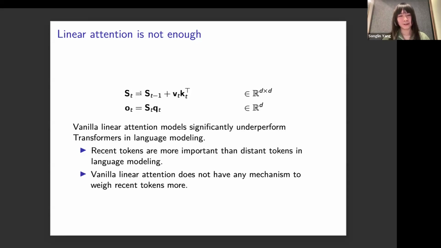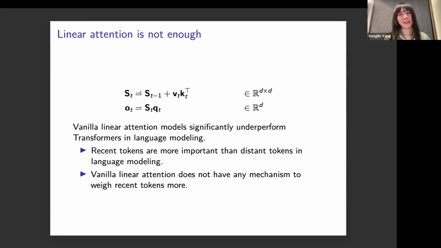In language modeling, there is a very strong recency inductive bias, and recent tokens are often more important than distant tokens. For self-attention, there's a selection mechanism: you can use the softmax to dynamically select the importance of each token.